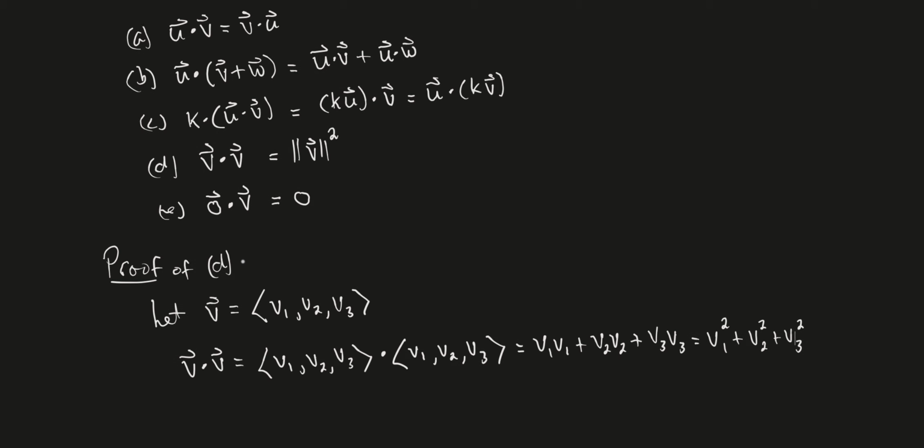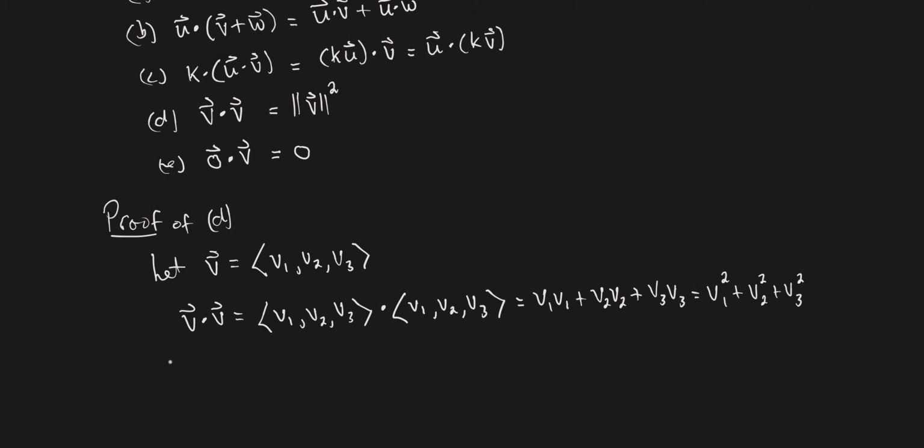In fact, let's go ahead and do the magnitude now. So the magnitude of v, and we just write down what that is, right? It's going to be an expression. It's the square root of v1 squared plus v2 squared plus v3 squared.